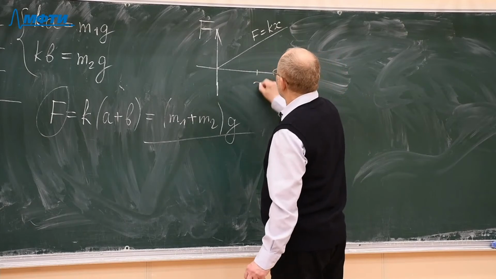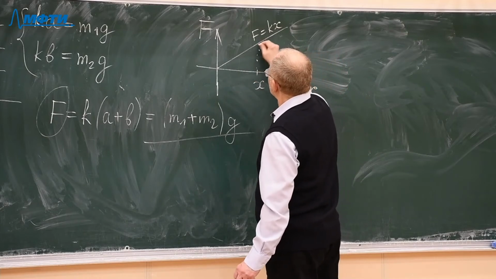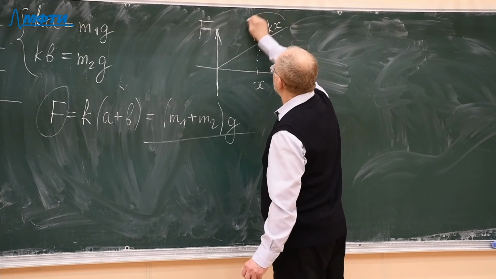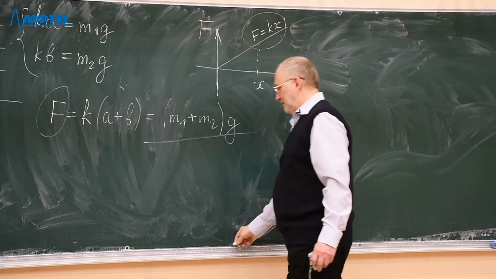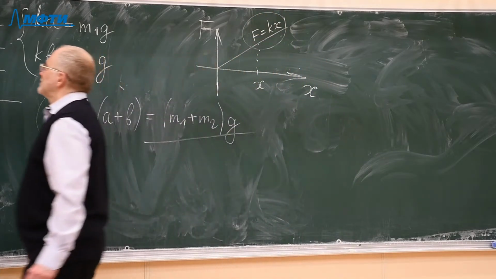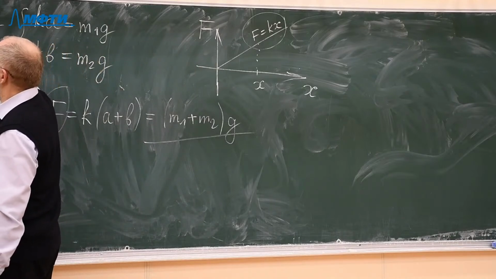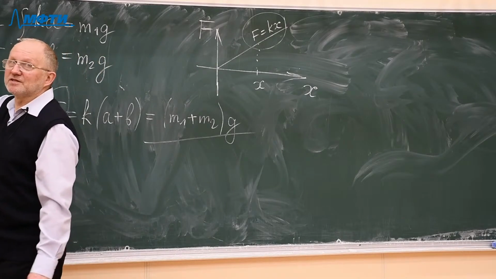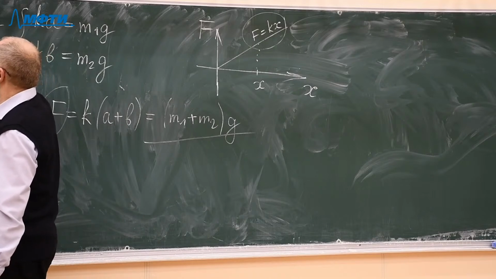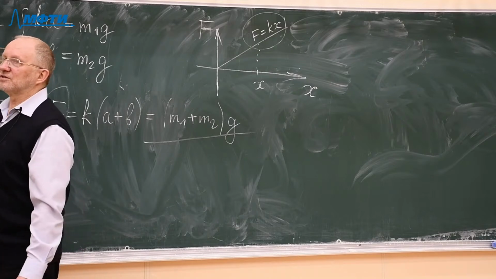If you have this deformation, then the force is proportional to deformation. Because this function is linear, only because of this fact, the oscillation will be symmetric. The oscillation of the upper plate will be symmetric with respect to the central position of equilibrium.